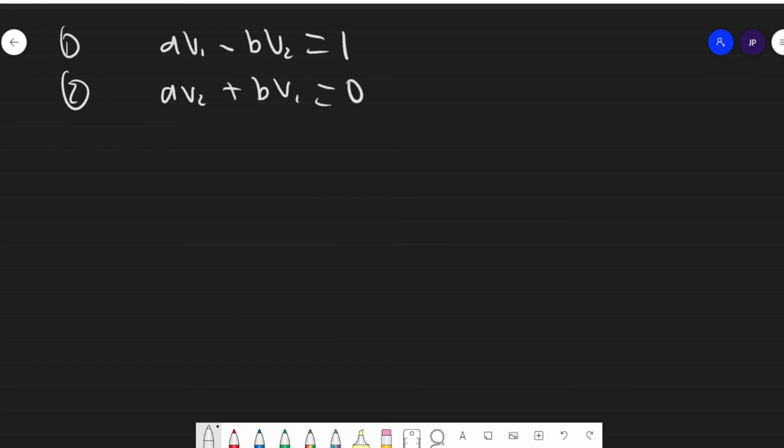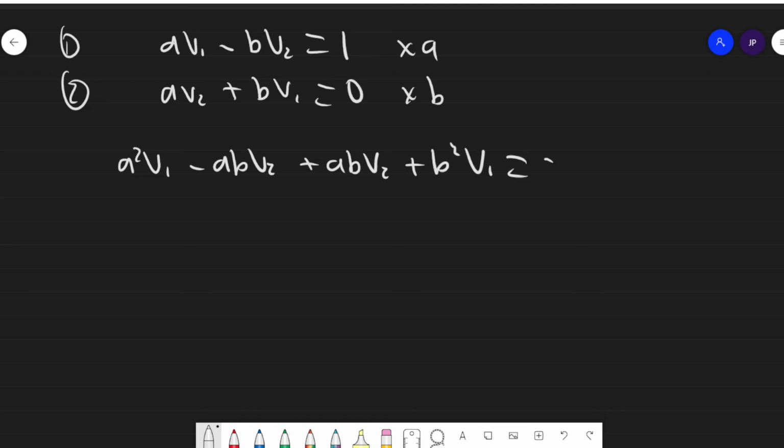So what I'm going to do is multiply the first by A, and multiply the second by B, and then add the two. So I'm going to get A squared V1 minus AB V2 plus AB V2 plus B squared V1. That must be equal to A. The center terms will subtract, and if I solve for V1, which is simple to see, it will be A over A squared plus B squared.